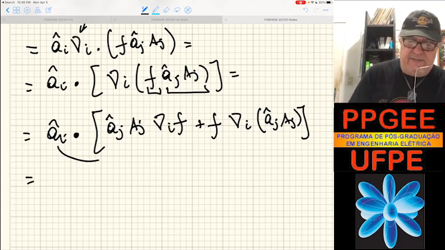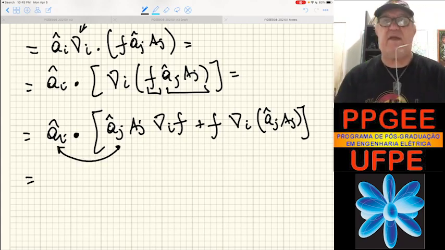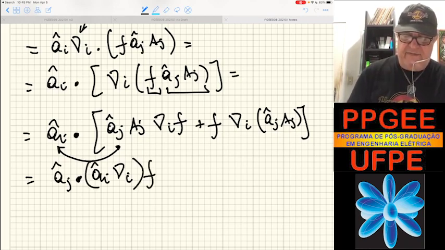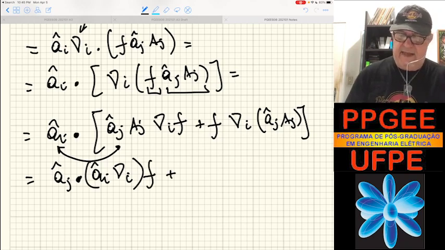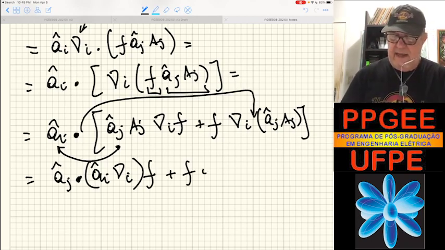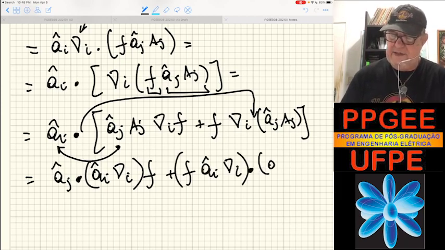I can change the position here because this is the dot product. This is going to be A j dot A i nabla i applied to f plus f. This dot goes here, A i nabla i dot, right? A j.